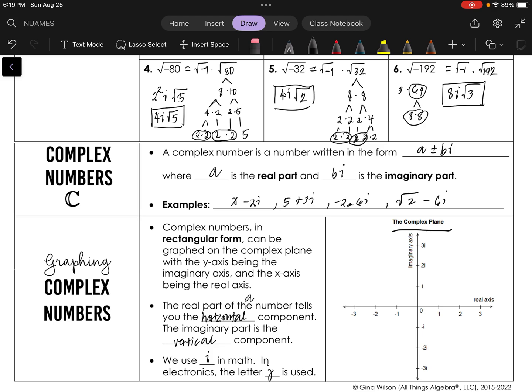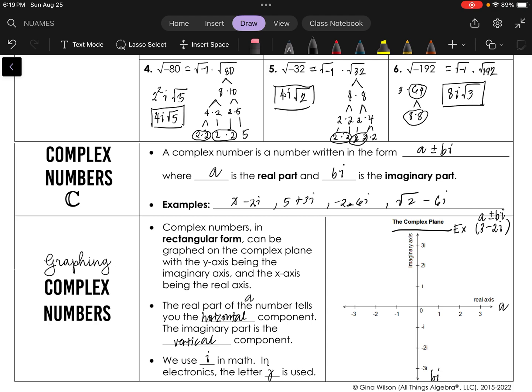So let's have an example where you try to graph a complex number in a complex plane. Let's have 3 minus 2i. Again, we follow this form as a plus minus bi. The real axis drawn horizontally will be your a part, and the vertical one will be your bi.